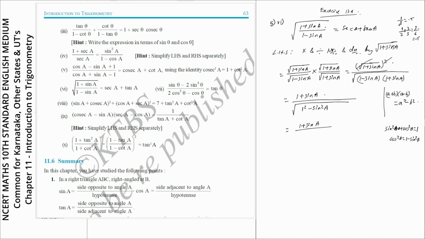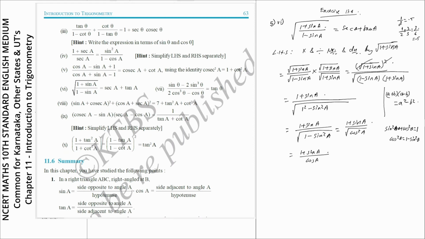So 1 square minus sin square a is cos square a. So this will become 1 plus sin a by square root of cos square a, which is just cos a.